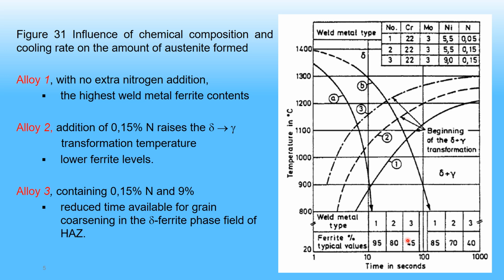Therefore, more ferrite transforms to austenite. For slower cooling rate, you'd see also the decrease in the delta ferrite that is retained in all three alloys.